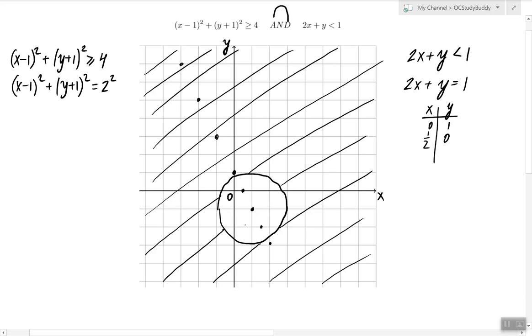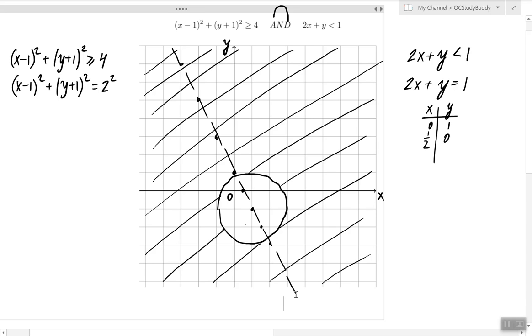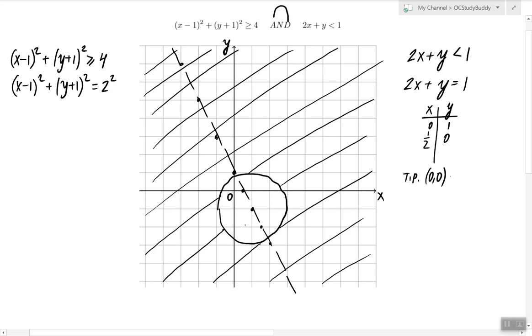Since the inequality is strict, I'm going to use a dashed line to graph this inequality. And to decide which region to shade, I'm going to pick two test points. I can pick 0, 0 and test my inequality. So 2 times 0 plus 0 less than 1, that's true. And I can pick another test point, for example 1, 0.